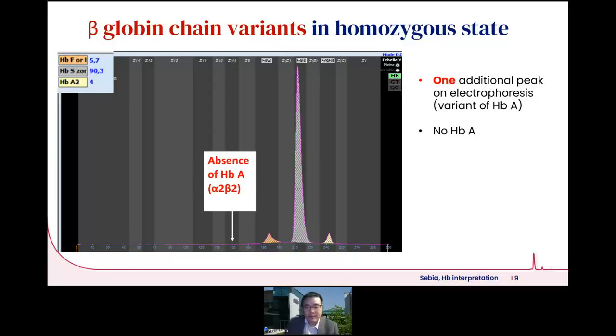But once again, in the homozygous beta variant situation, you do not see the hemoglobin A, and you see an entirely shifted position of the mutant hemoglobin A, right?